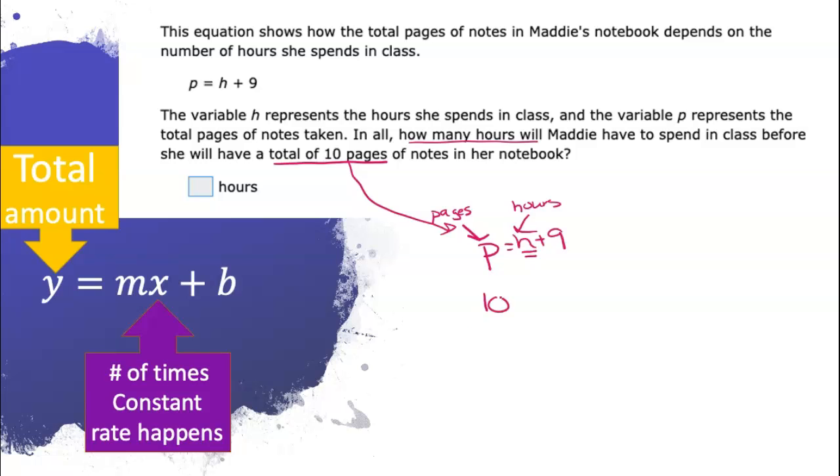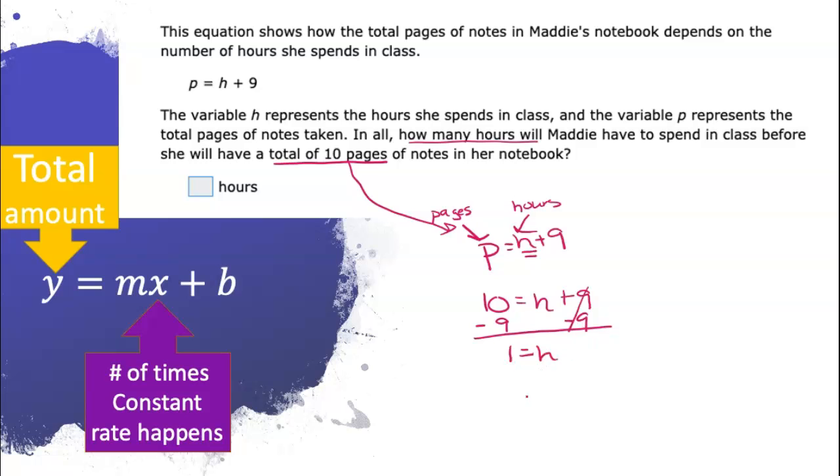Substitute 10 in for P, so 10 equals H plus 9. Well, I'm solving for H. Attached to H is plus 9. We're going to move it across the equal sign, so we're going to undo addition with subtraction. I will keep this equation in balance by doing what I do to one side, I do to the other. 10 minus 9 is 1 equals, I'm going to drop the H, the 9's have canceled.